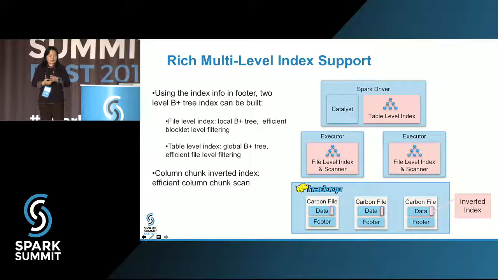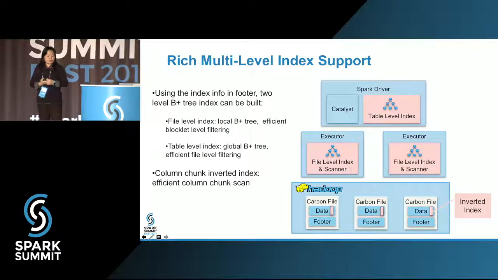So we have two types of B-tree index at different levels. One is filtering on carbon files on the driver side, and on the executor side, we are able to filter out blocklets within a file to do a much more efficient scan and safely skip some file scans compared to other file formats. We're going to talk in more detail about how to leverage all these different levels of index support in the Spark integration session.